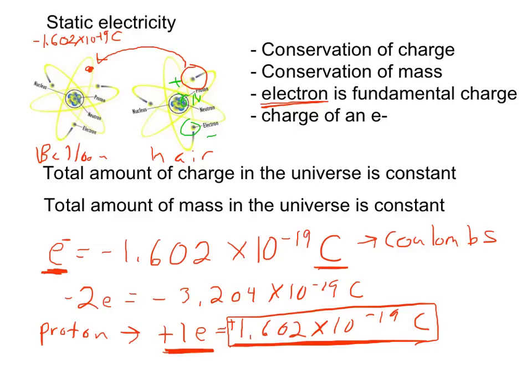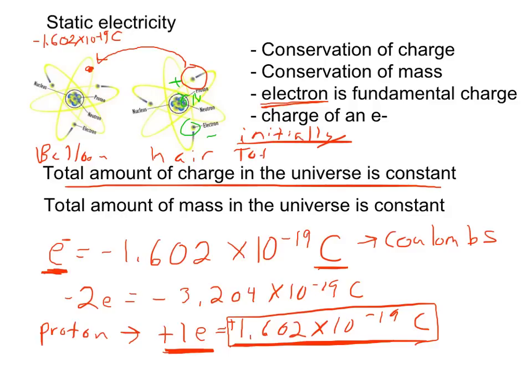What if I asked you, well now, what's the charge on the atom in the person's hair? Well, I know that charge cannot be created or destroyed, and the total amount of charge in the universe is constant. Together, before we started this problem, these two atoms initially had a total charge of 0.